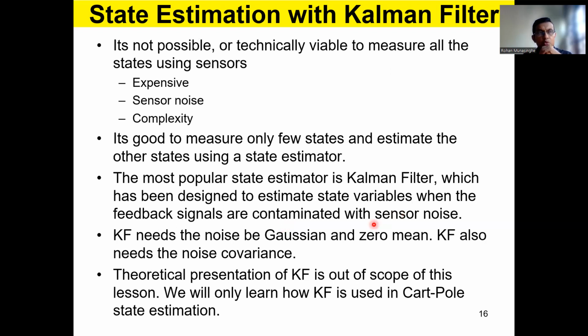But for Kalman filter to work, there are certain other requirements. For example, Kalman filter needs the sensor noise to be Gaussian. You know Gaussian, right? Sensor noise distribution should be symmetric and Gaussian bell shape, and zero mean. So there shouldn't be any bias.